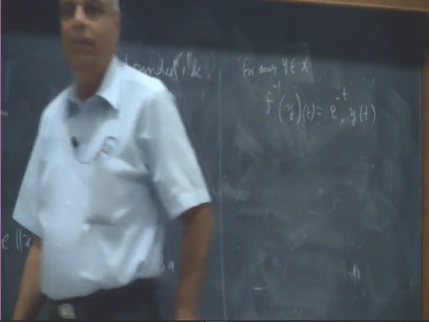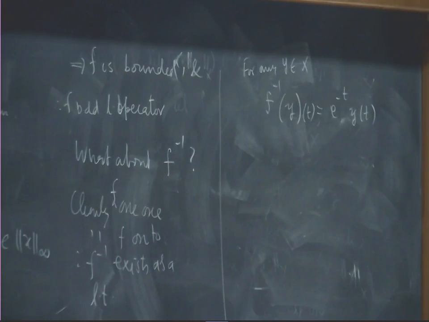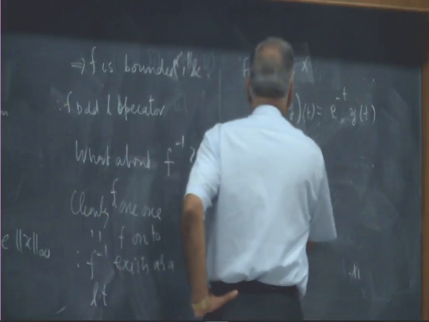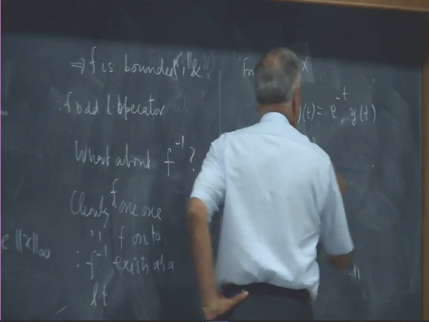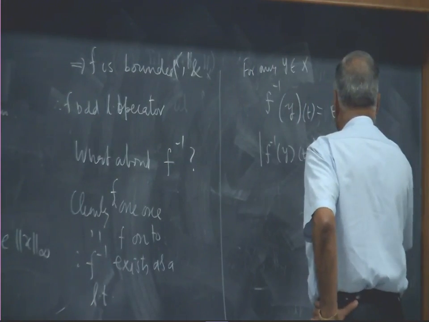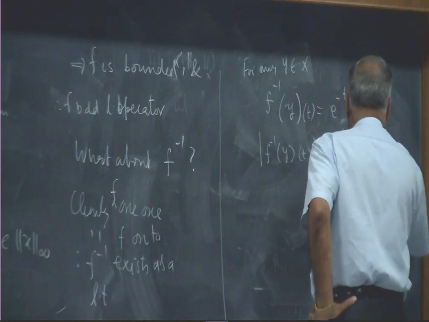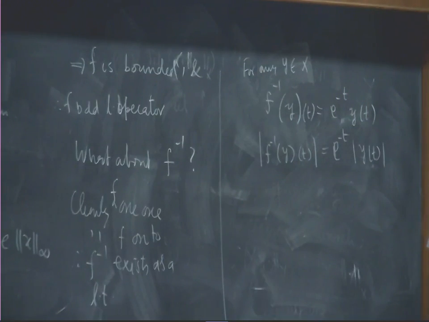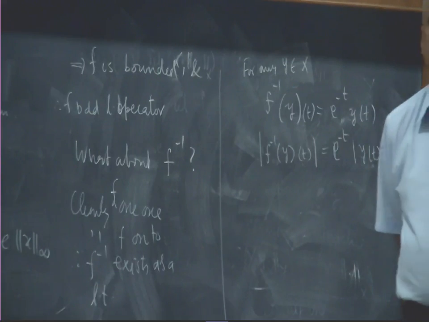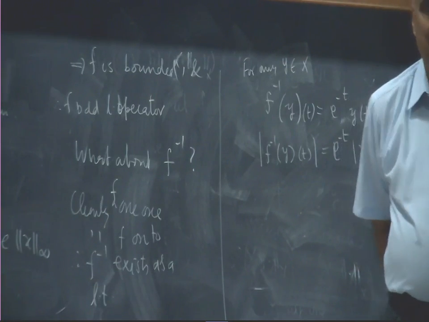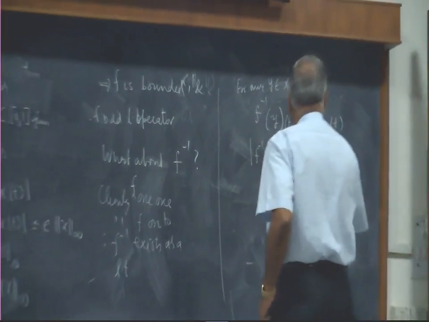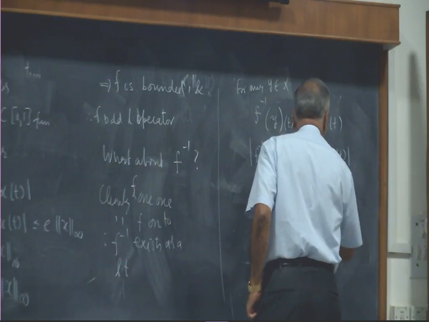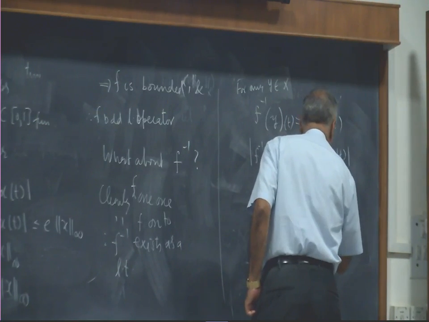And therefore, what about the modulus of f inverse y at t? It is e to the minus t, which is non-negative, times the modulus of y(t). Now, what is the maximum value of e to the minus t in [0,1]? It is 1, because it starts at 1 and keeps dropping. So that is less than or equal to the modulus of y(t), which is less than or equal to its maximum.